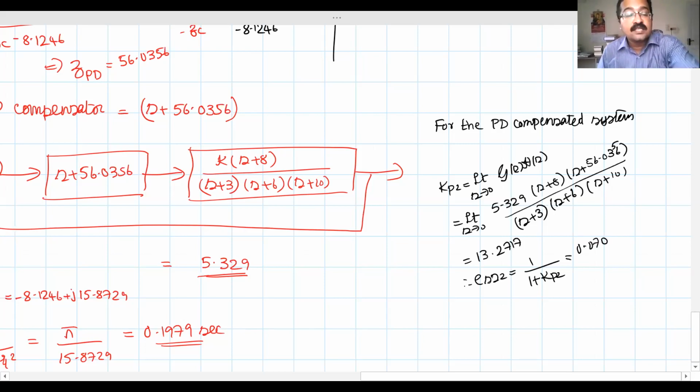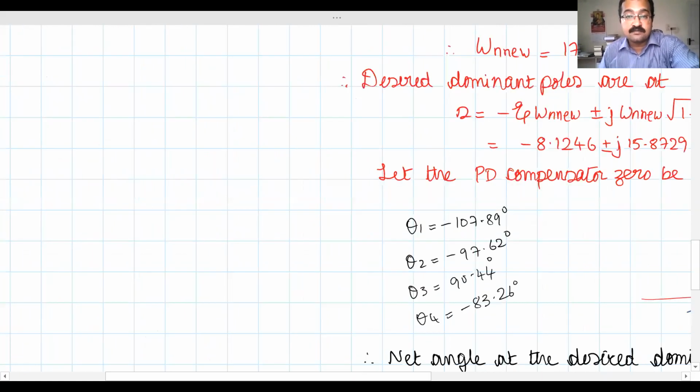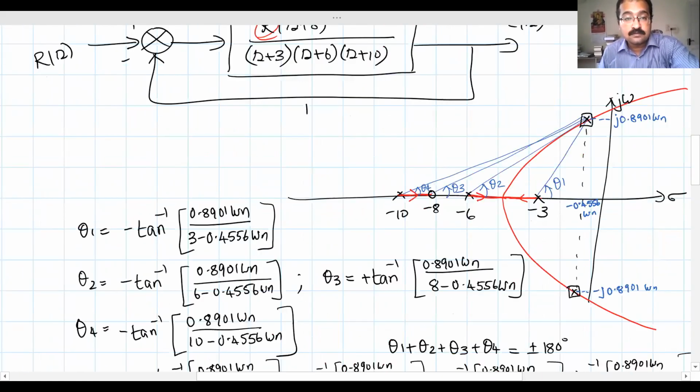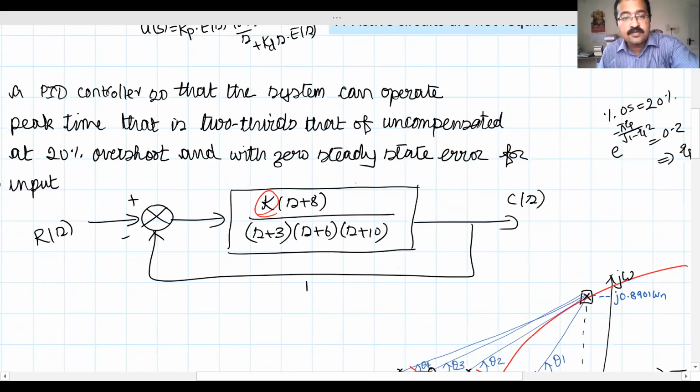So we have met the transient response specifications.